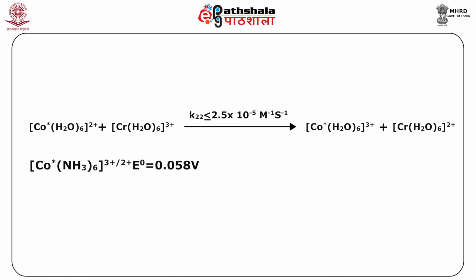A redox reaction has to be observed. You see after electron transfer the isotopic chromium goes to +3 and the non-isotopic hexa aqua chromium goes to +2. So the redox reaction has taken place and the rate of reaction has been observed to be 2.5 × 10^-5 mole inverse second inverse.